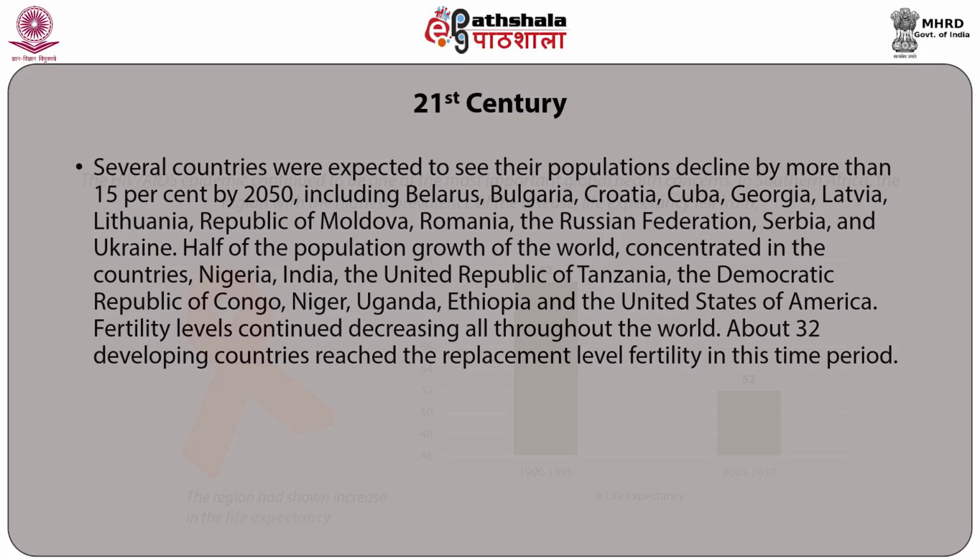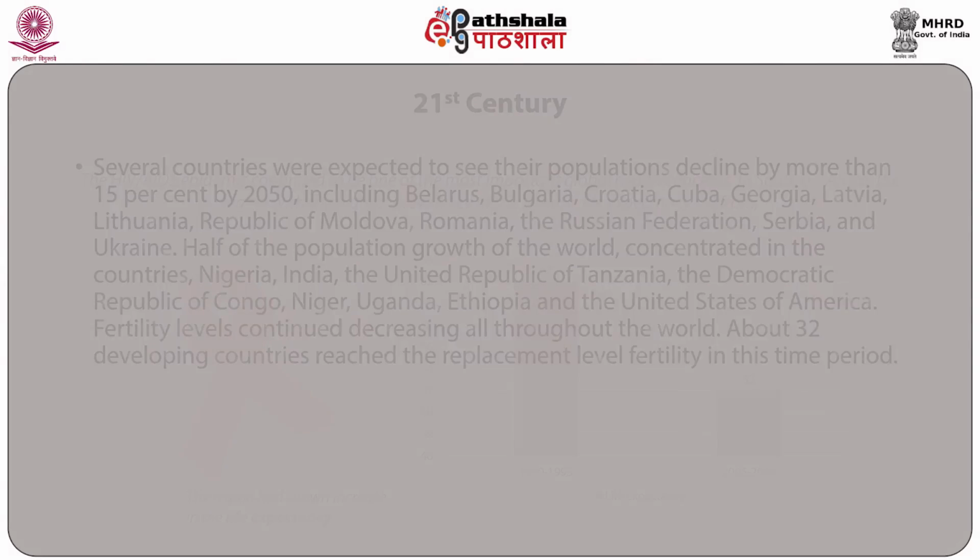Half of the population growth of the world concentrated in these countries: Nigeria, India, the United Republic of Tanzania, the Democratic Republic of Congo, Niger, Uganda, Ethiopia, and the United States of America. Fertility levels continued decreasing all throughout the world. About 32 developing countries reached the replacement level fertility in this time period.